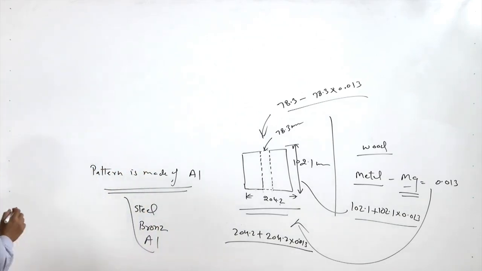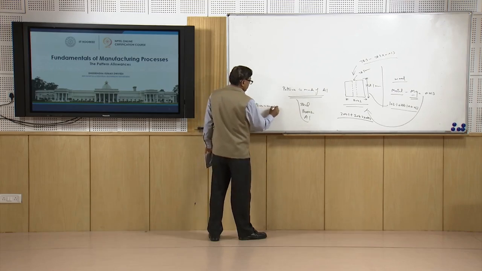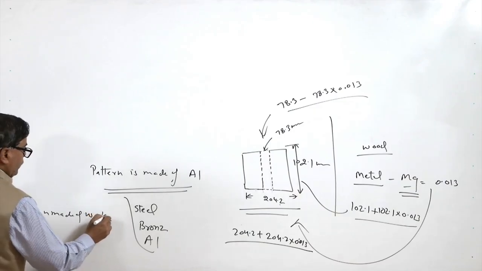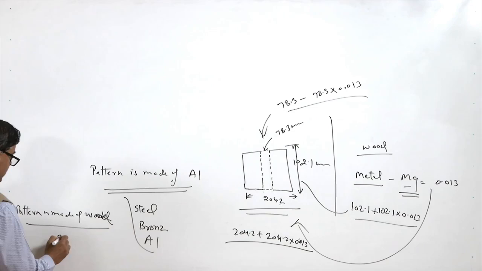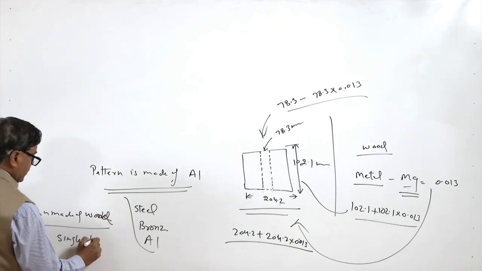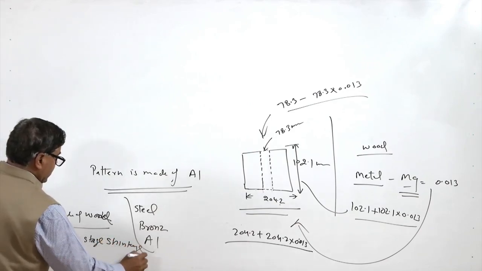So, this will be used when first the pattern is made of wood, in this case single stage shrinkage is given.